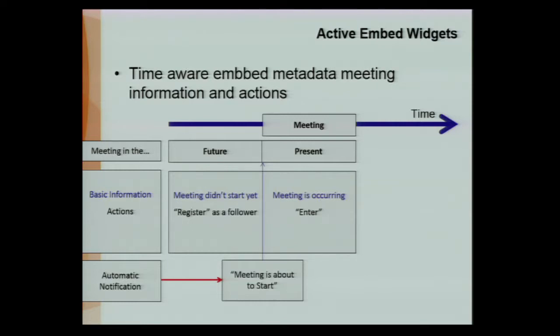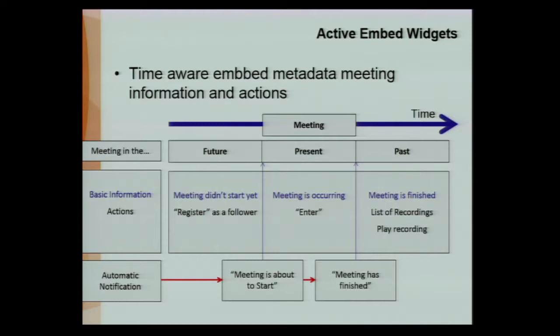Okay, so when it starts, if you are a follower, you will get a notification saying the meeting is about to start, and when the meeting is about to finish, and when it's finished. And when the meeting is in the past, that same widget that you had just created maybe five weeks ago when you were preparing the meeting, which for three or four weeks said the meeting will be here, will start the meeting at the moment of the meeting, and then afterwards it will list the recordings that were produced on that meeting.